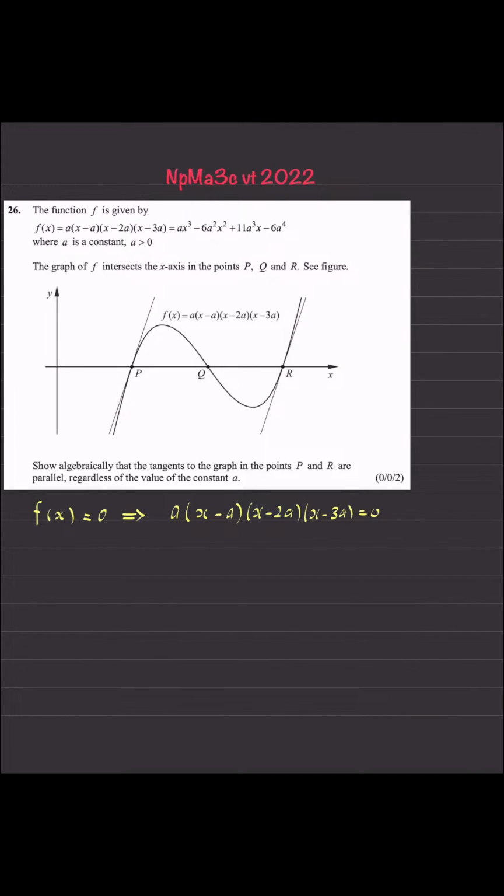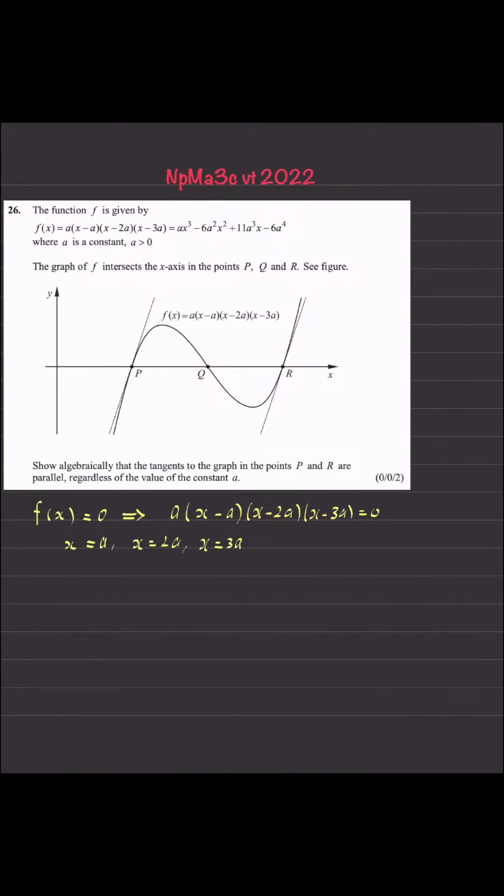So this cannot happen unless at least one of them is equal to 0. But because it is mentioned in the problem that a is positive, a cannot be 0. So this means that either x is equal to a, or 2a, or 3a. So then I get three roots: x is equal to a, x is equal to 2a, and x is equal to 3a.